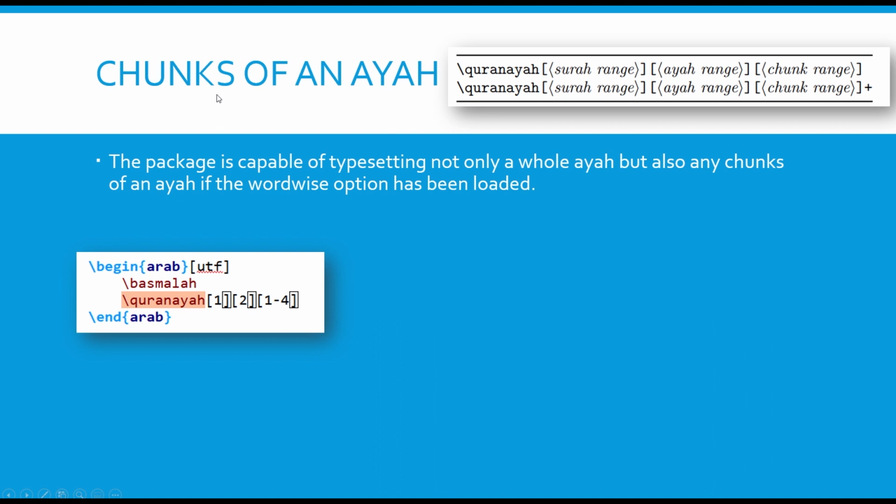The next one is chunks of an ayah. This package is capable of typesetting not only a whole ayah but also any chunks of an ayah if the word-wise option has been loaded. The command is Quran ayah, and it receives 3 arguments: surah range, ayah range and chunk range. Using this command we can get the text or chunk of an ayah.